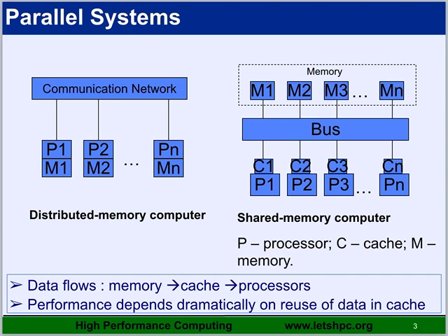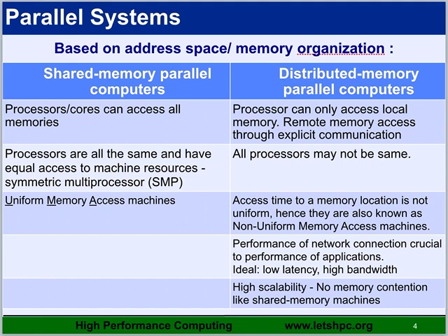So let us go and once again look into the major differences between a shared memory parallel computer and a distributed memory parallel computer. As we have discussed, in case of shared memory parallel computer, these processors can access all memories. In case of distributed memory computer, a processor can only access local memory.